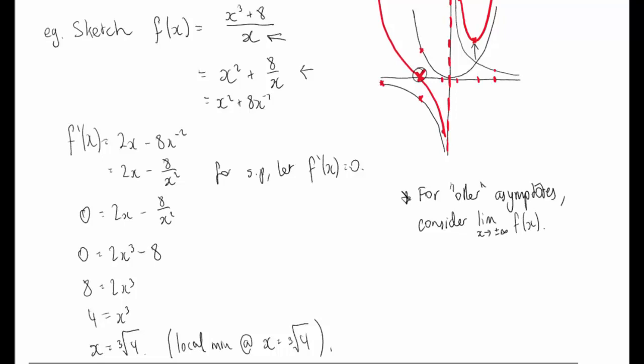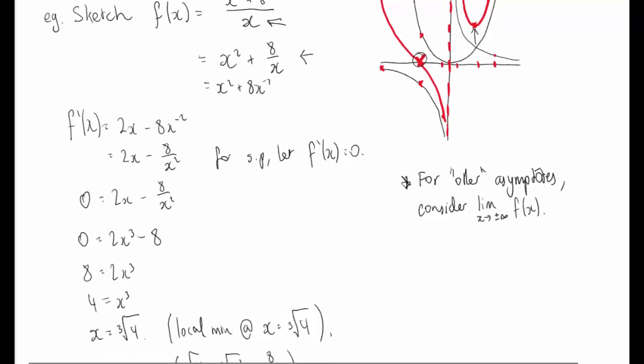I'd say that using long division is your best bet, or just simplifying in the first place. So let's do the limit as x approaches positive infinity first. I'm going to use the simplified form, so x squared plus 8 on x.